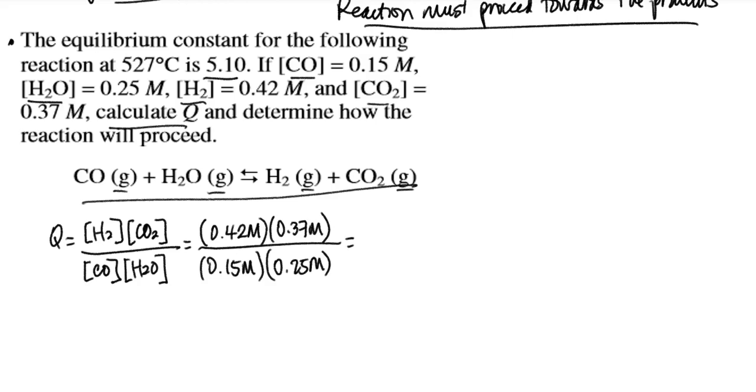And so I'm going to pull out my calculator, and I'm going to go ahead and do the math. And if I do that, I end up with a value of 4.14. So let's compare that to K. K was 5.10.